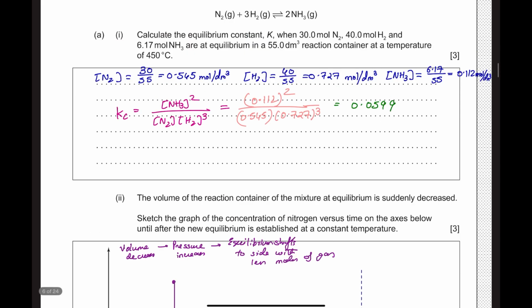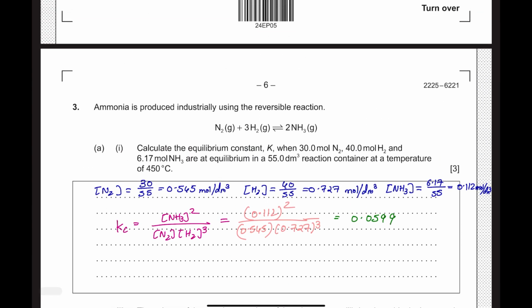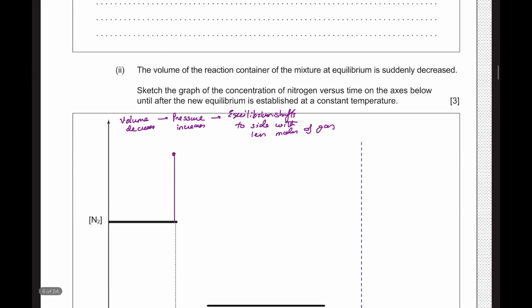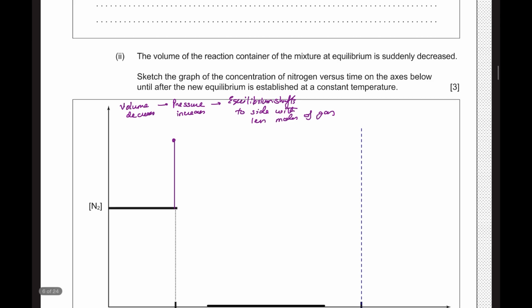If you look here, you have fewer moles of gas on the right side. You have 2 moles of gas on the right side and 4 moles of gas on the left side. So equilibrium will shift to the right. If it shifts to the right, the concentration of N2 would decrease. But this concentration has to be higher than your initial concentration.